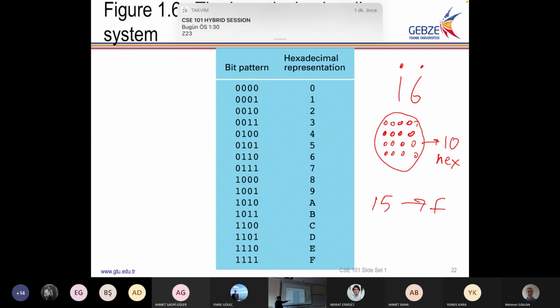If you start from 1 to the end, it's 15. If you include 0, there are 16 different numbers here. And as I said, 16 beans is 10, because no beans is 0.